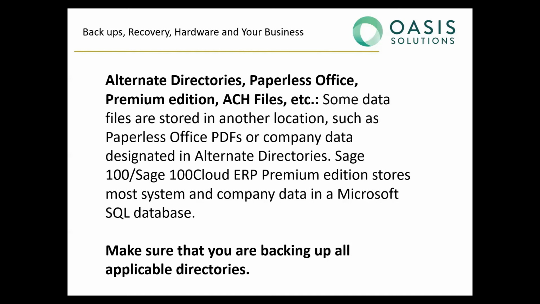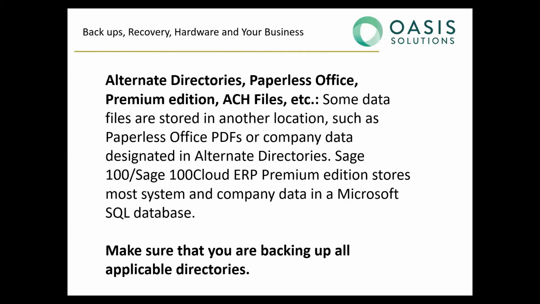Now, this is a default because I have not made any changes to this, but if I wanted to store my payroll data to a different location, I can change the path and use what is considered an alternate directory. So if you're using alternate directories, you want to get that information backed up as well.